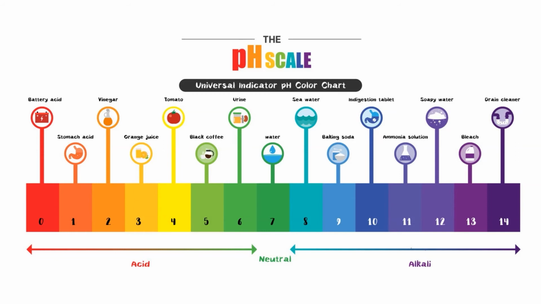Indigestion tablet like Union Zyme has pH 10, ammonia solution 11, soap water 12, and bleach 13, and last, drain cleaner is the most basic, that is 14. So this is an example. Indicator भी है और pH color, how it will look, in the pH chart it will match. So color भी दिया हुआ है यहाँ पे.